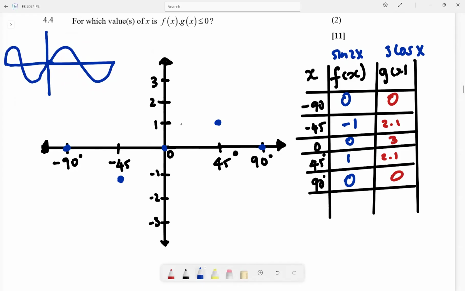But now, can you see, I only want this interval. If this is 90, this is 180, and this is 360. But remember, the period is no longer 360, the period is 180. So it means there will be half. This will be 180 and 90. But now I only wanted this section. It's easy, just join the points.